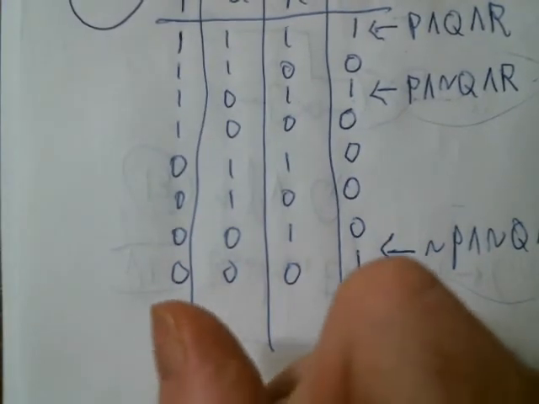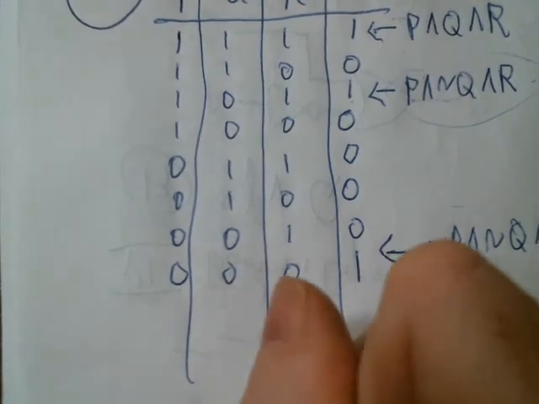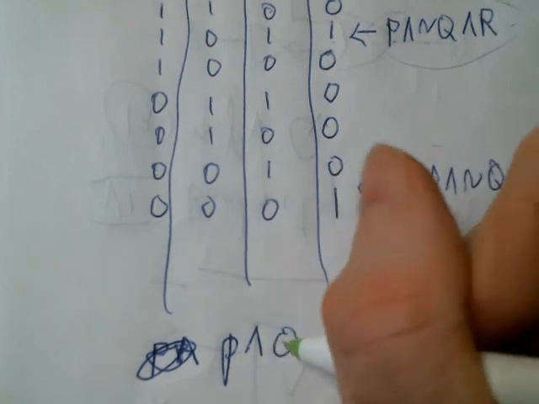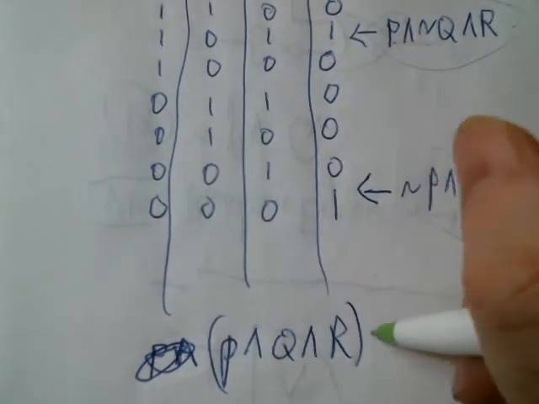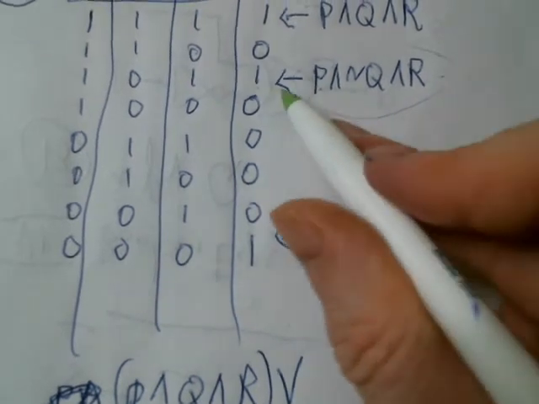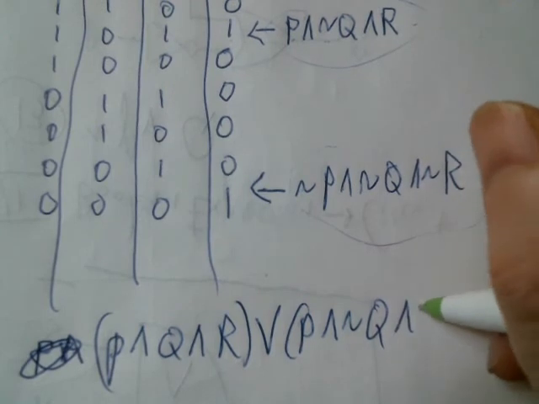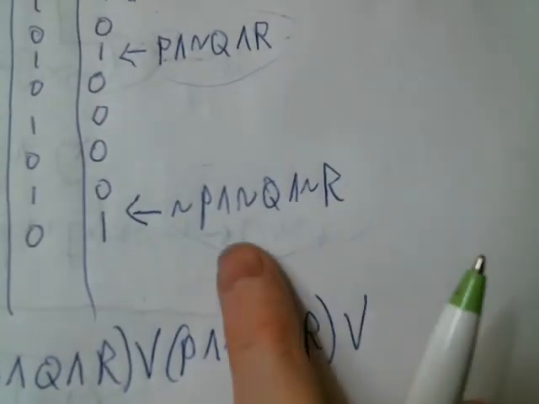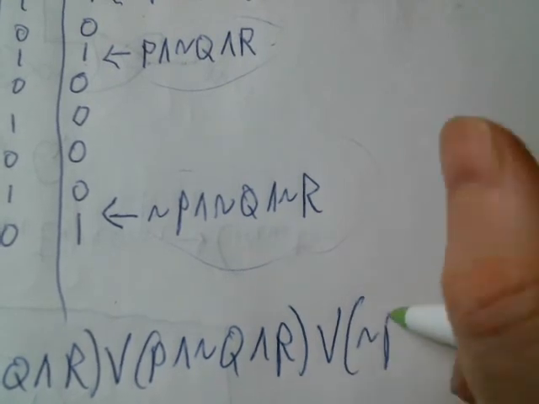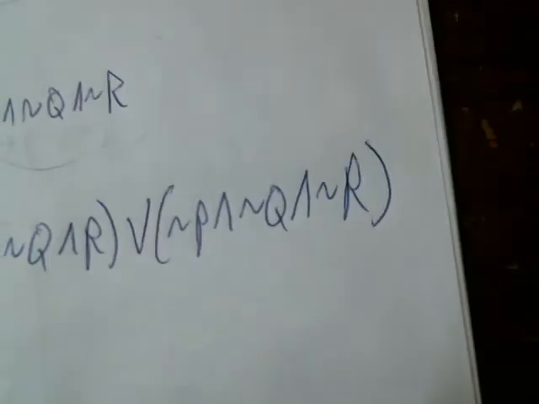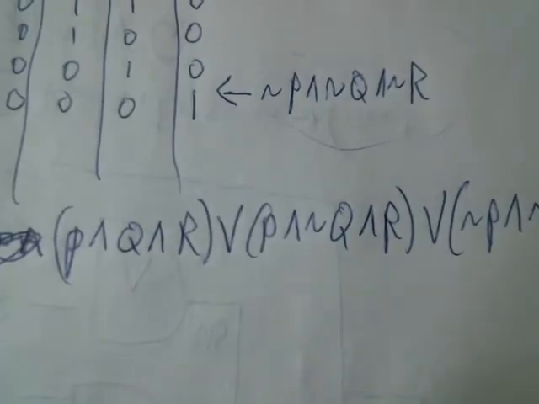So you'll have a true value if P and Q and R is true, or if you have this other one, P and not Q and R is true, or you have this guy, which will be not P and not Q and not R. Okay? So you get that big, long, nasty looking thing, and we can then convert that into a circuit diagram.